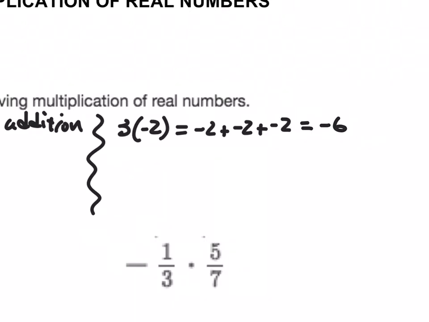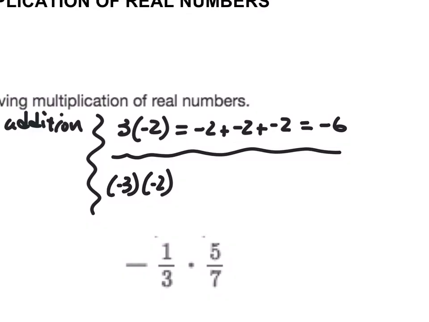Another thing I want you to think about: what if you have negative 3 times negative 2, and you multiply two negative numbers? The question is, what's the opposite of a negative? That's really a positive.